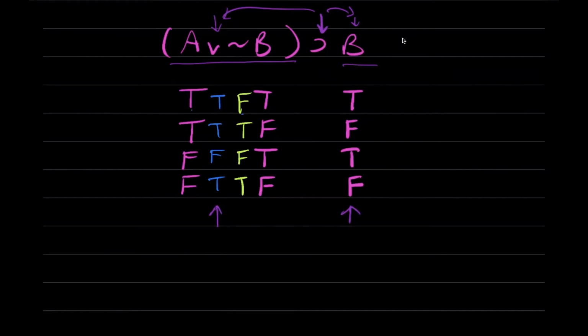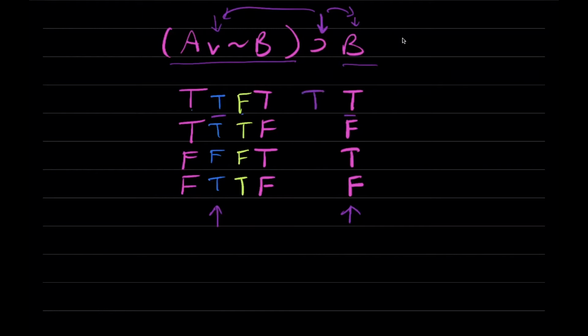And again, just for review, there's only one case when a horseshoe operator is false. That's when the antecedent is true and the consequent is false. So what we do, we just go down row by row by row, checking each possible combination and listing the resulting truth values. So in the first row, we've got a true disjunction and the letter B is true. So we have true implying true, and that would be true.